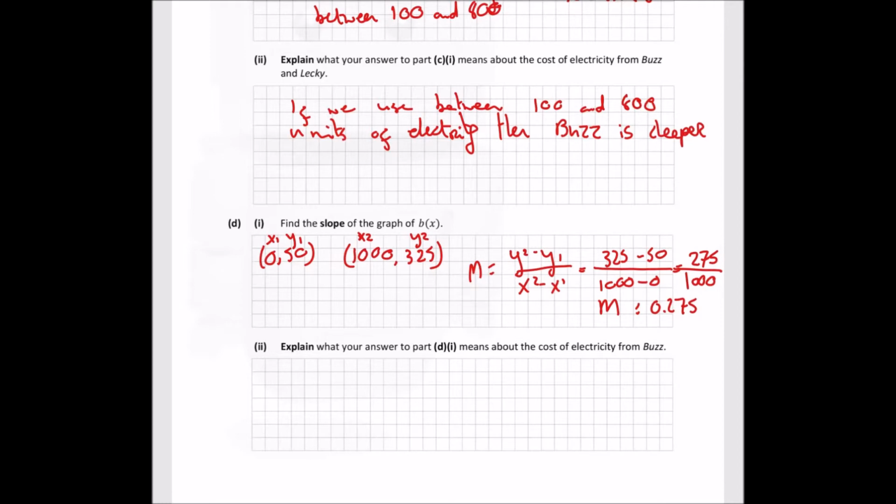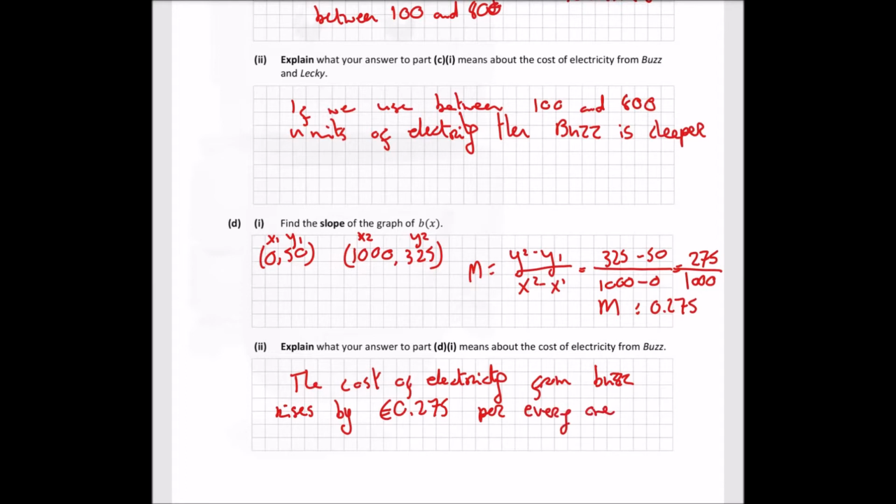And what that means is the cost of electricity from Bose rises by 0.275 euros for every 1 unit used. Okay. And that's it, guys.